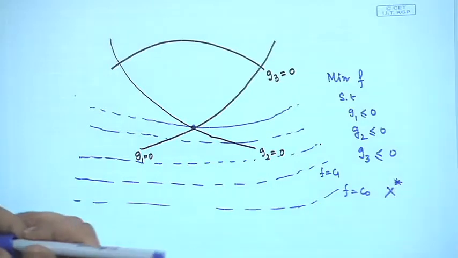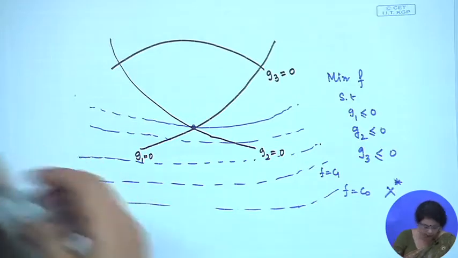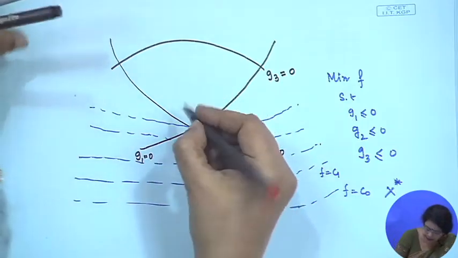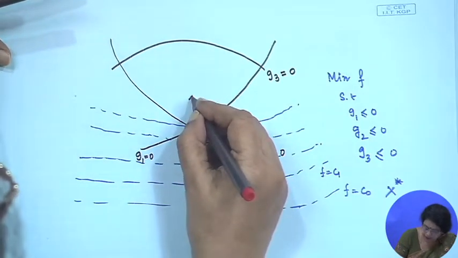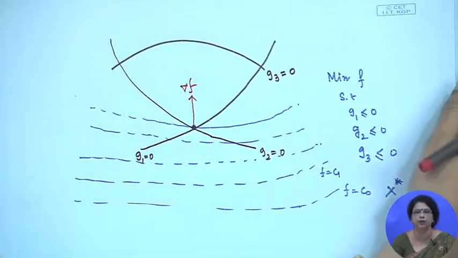Now, if this is the optimal solution, you see from here we can draw that this is the grad f direction, because objective functional value is increasing in this direction.